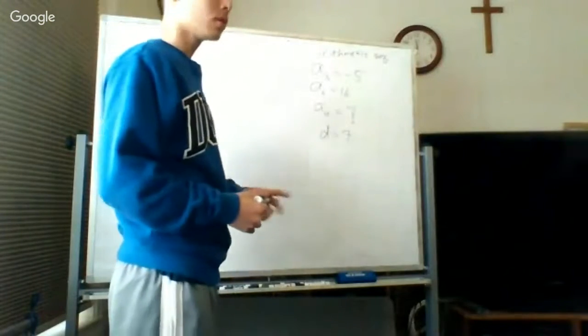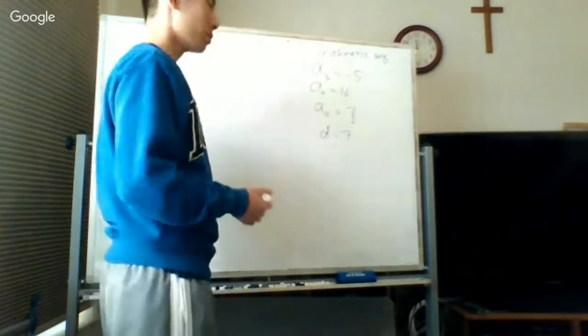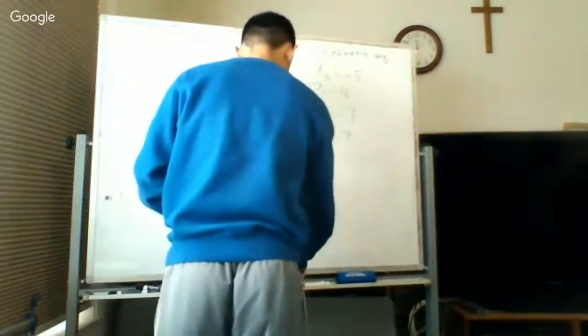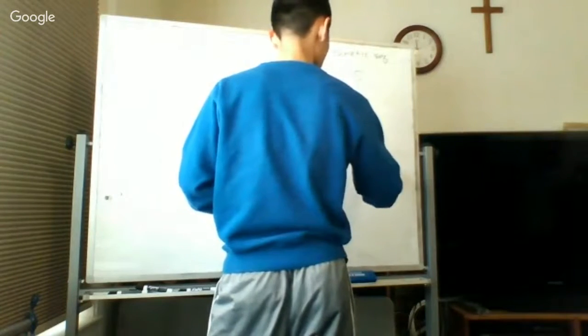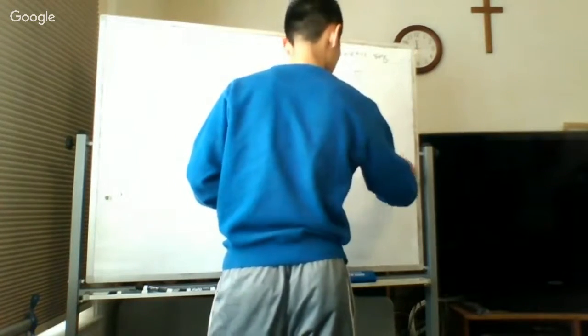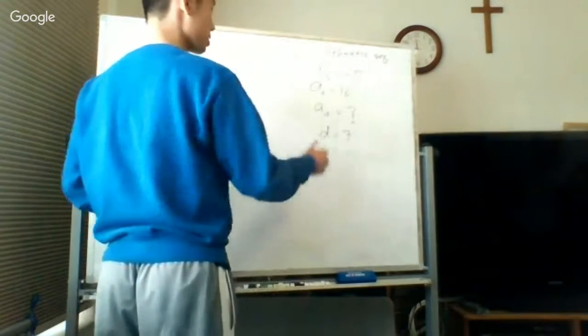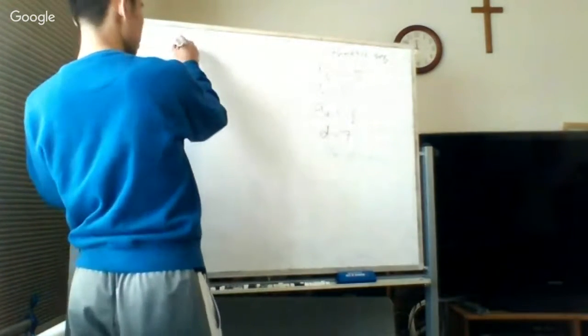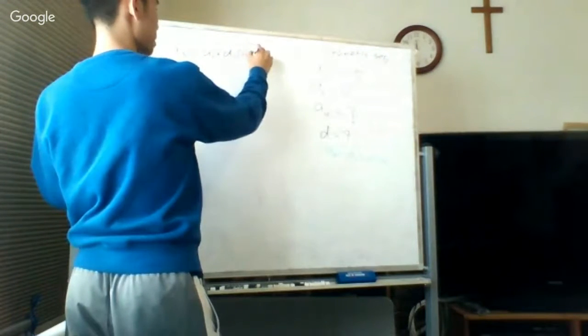Okay, so let's just say we have D here. The first thing you could do, if you wanted to plug everything into this, is say A3 is equal to A1 plus D times n minus 1.